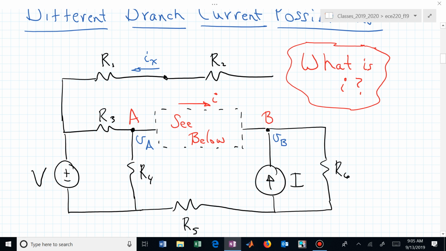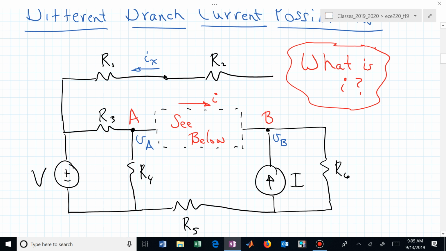Something's going to be appearing, different cases, different scenarios, in that box, and this is to help us become more comfortable or get experience with determining how we determine I. If we were writing KCL equations at node A and node B, and we're presented with something in this box, how do we find I that's associated with what's inside that box?